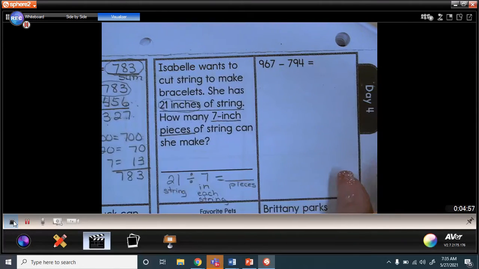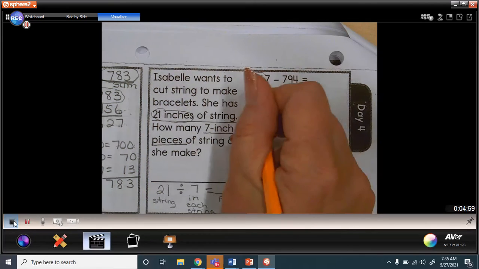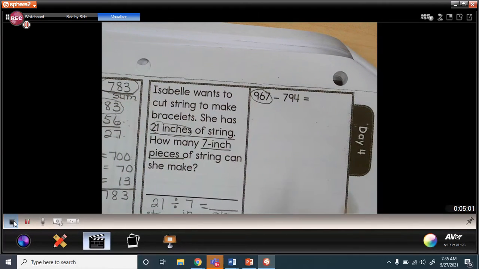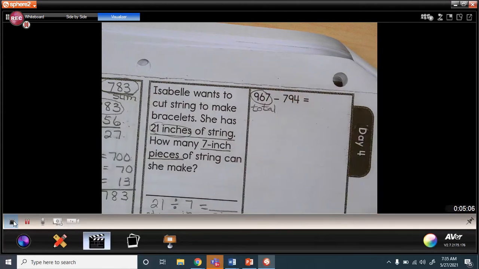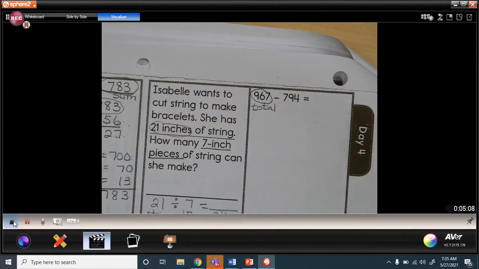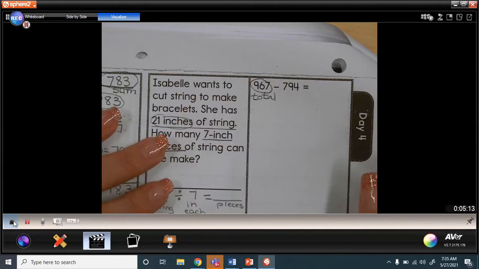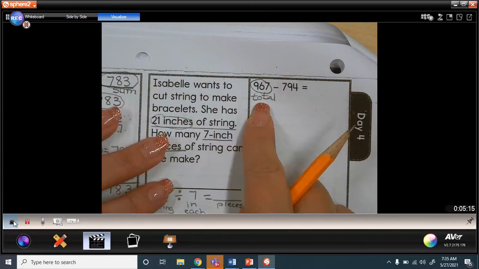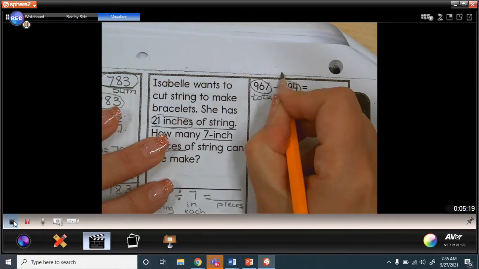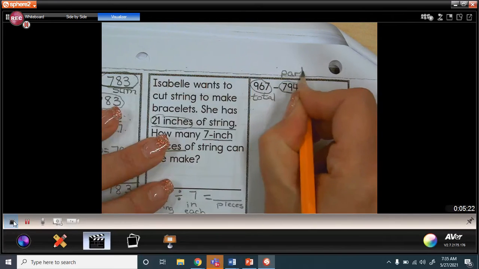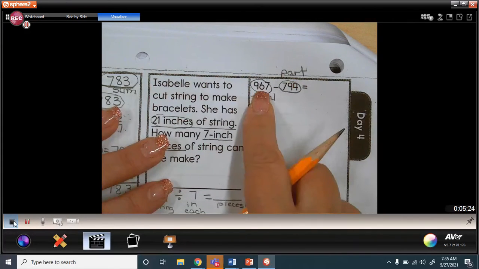It's a subtraction problem, and we are going to take this 967, which is our total. It could be 967 balloons, 967 pickles, 967 of anything we can possibly think of. But we have a total number that we know of. And part of that, some of that, is going to be part of this 967.